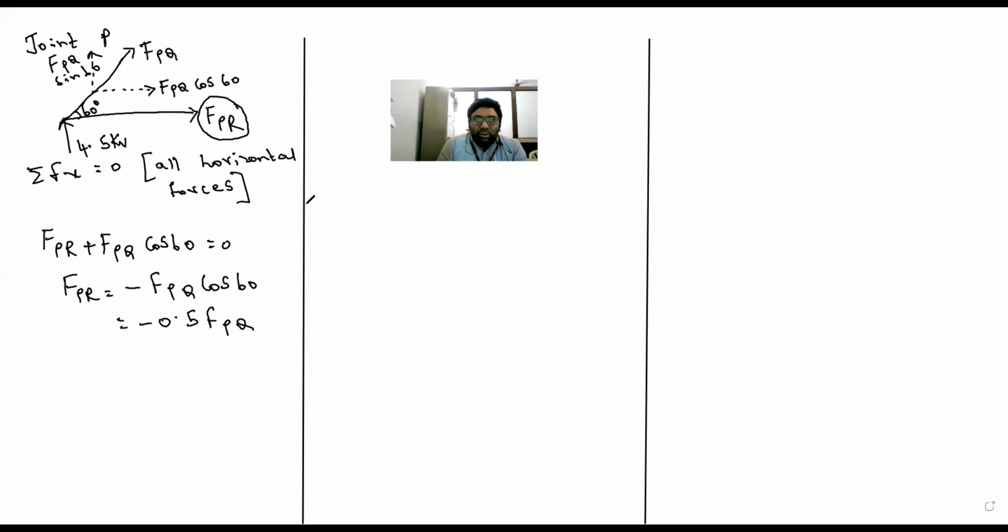Next, what do we need now? Sigma Fy is equal to 0. When we apply sigma Fy is equal to 0, see what are all the vertical forces? Upward positive. So here in sigma Fx 0, we tend to take this as positive and this as negative.